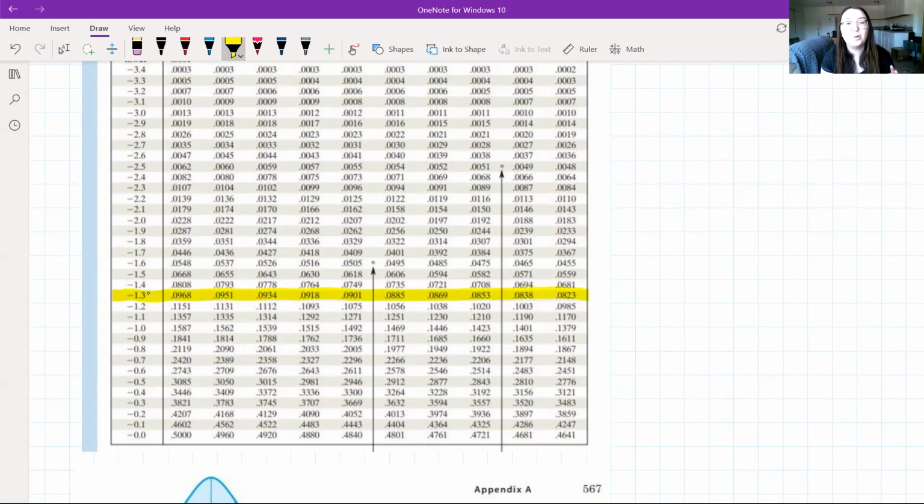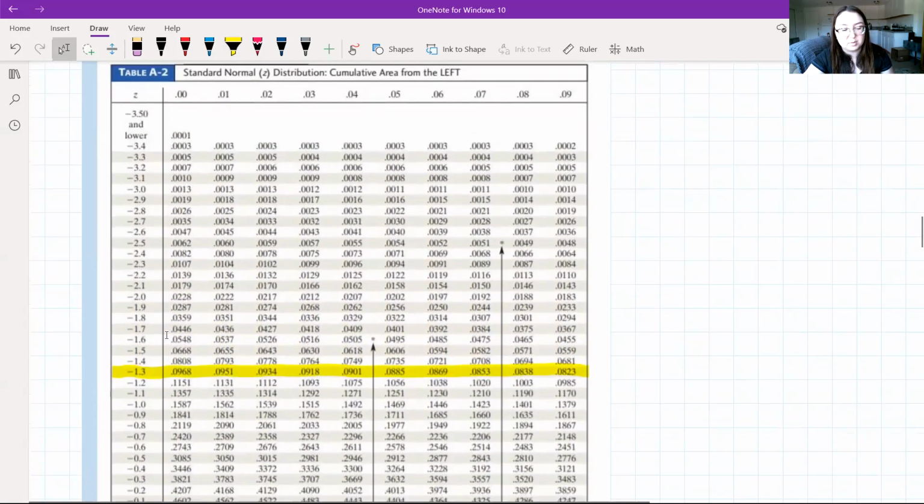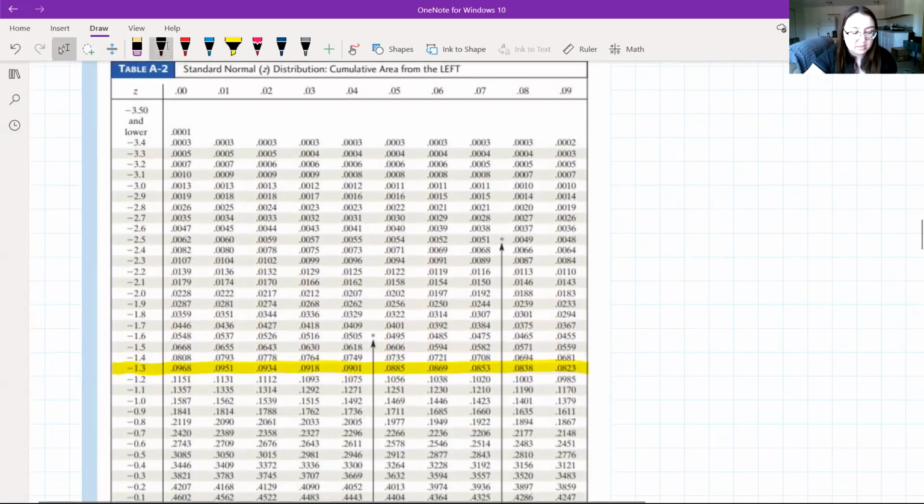This is our whole row of the values of negative 1.3. Now, remember our value was negative 1.36, so we need our second decimal place. This would be negative 1.30, negative 1.31, negative 1.32, negative 1.33, negative 1.34, negative 1.35, and negative 1.36.